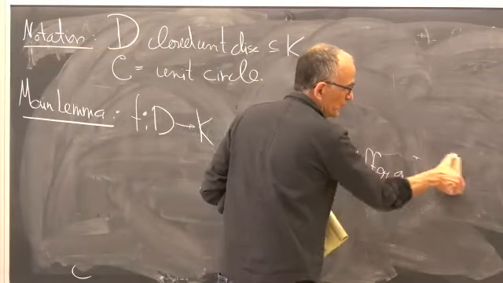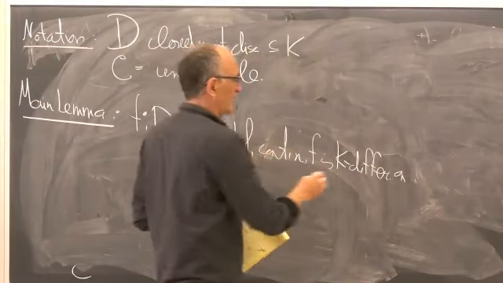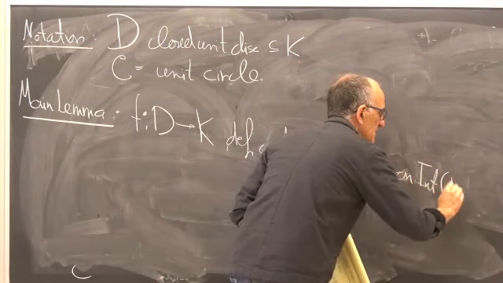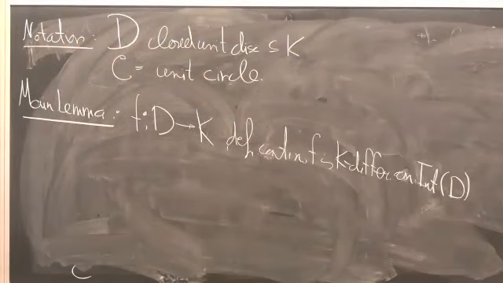So we can even remove from the open disk a set of dimension 1, and none of the arguments will be affected. But for simplicity, let's do the proof in this setting.